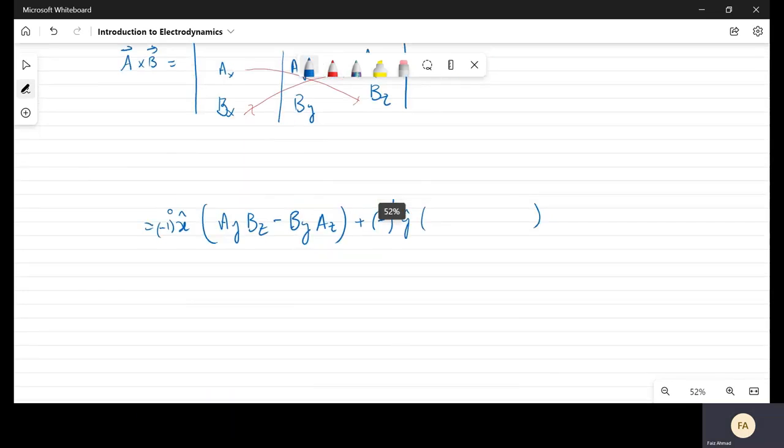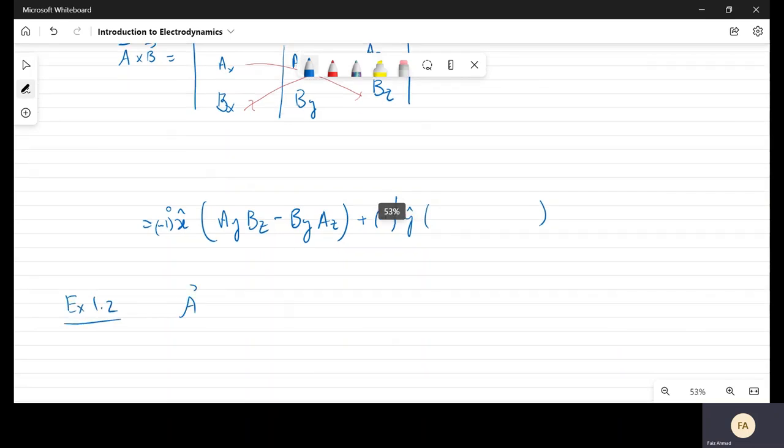All right, we have an example to solve. We have example 1.2, and we have two vectors.